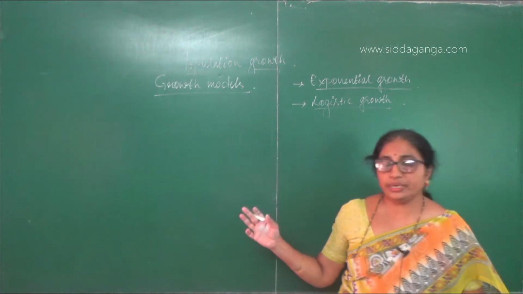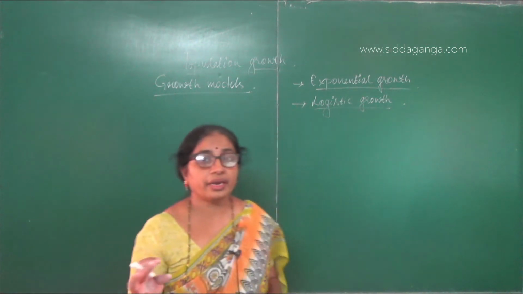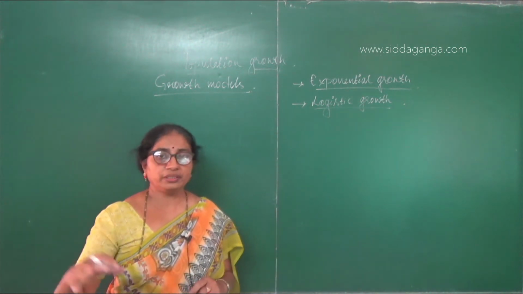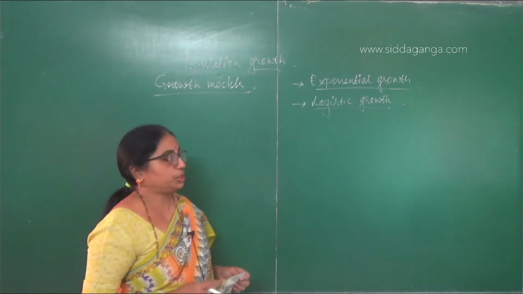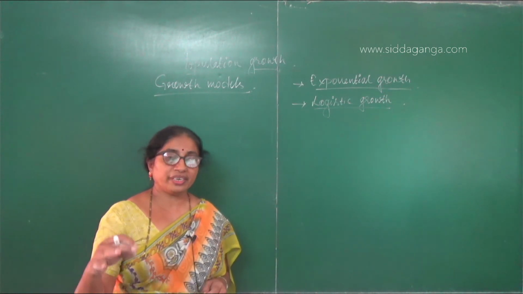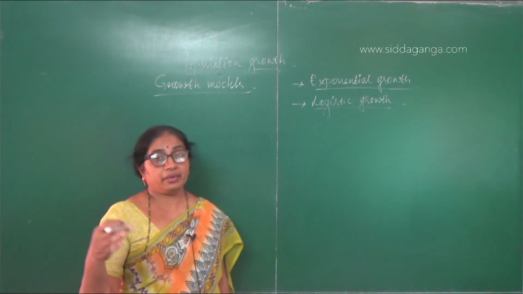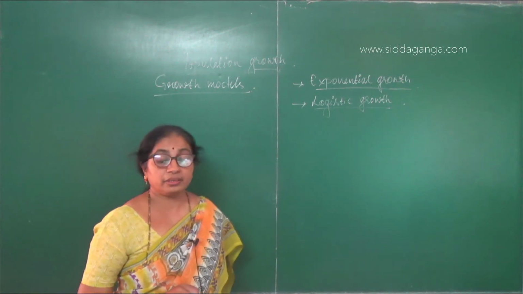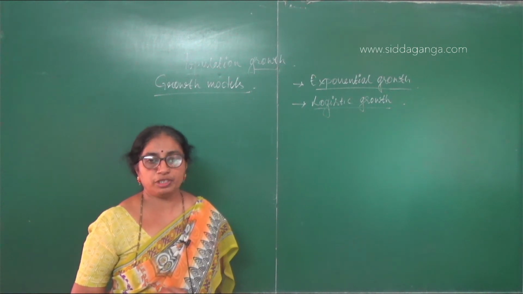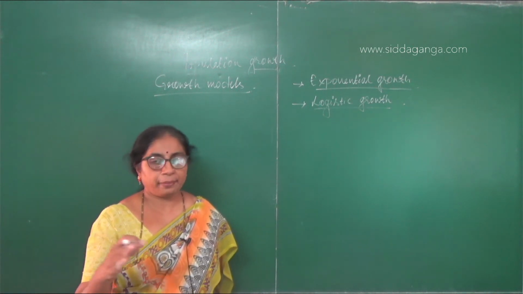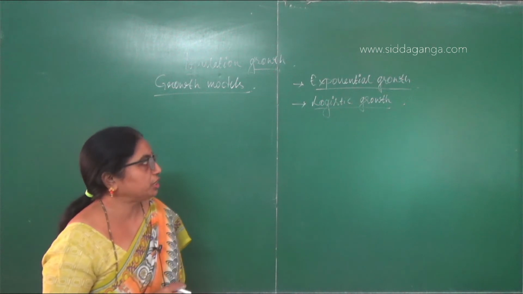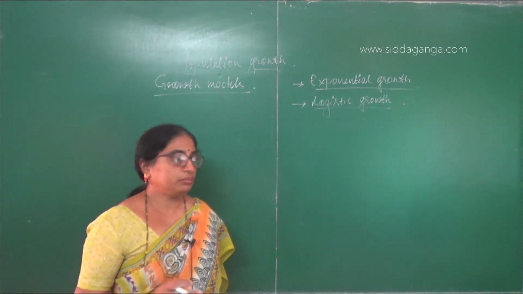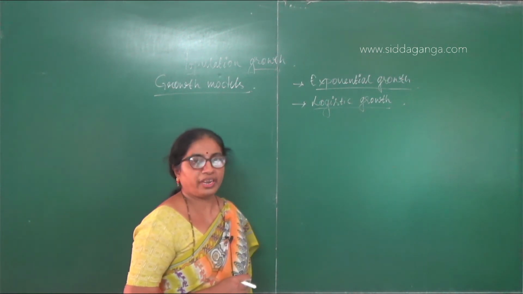So the growth depends upon the death rate and the birth rate. Birth rate and the death rate influence the growth. Here, per capita birth rate and per capita death rate are taken into consideration during the study of growth of any population.